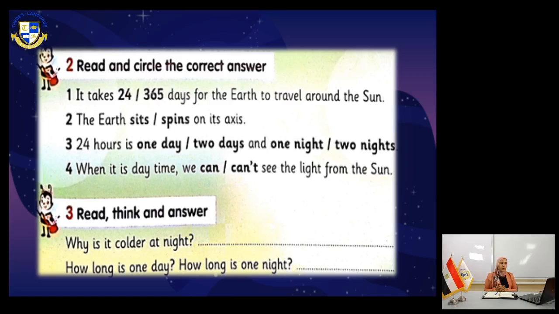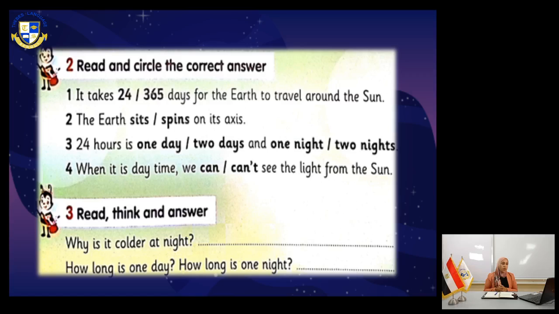Number 2, the earth sits or spins on its axis. Spins. Make a circle around spins. Number 3, 24 hours is 1 day, 2 days, and 1 night or 2 nights. Correct. 24 hours is 1 day and 1 night.